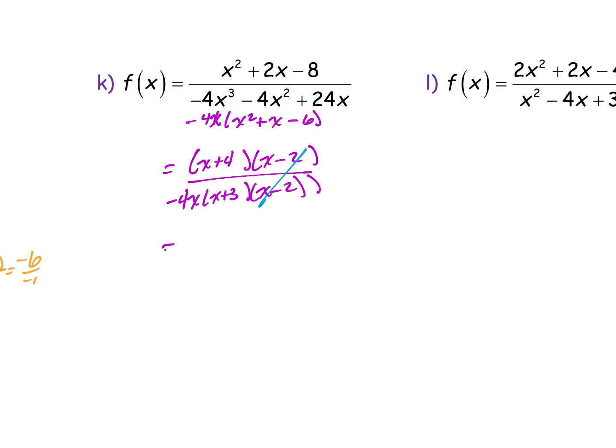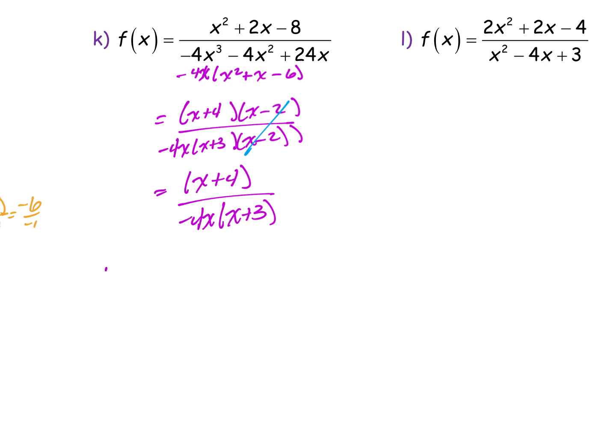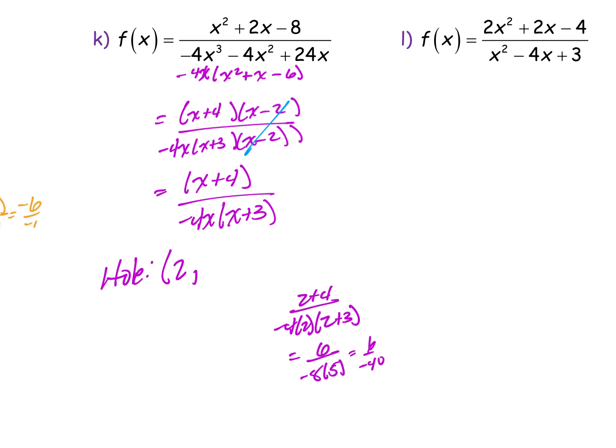So my hole, it's going to be ugly. It's going to be at 2. And then I get 2 plus 4 over -4 times 2 times (2 plus 3), which is going to equal 6 over -8 times 5, -40.